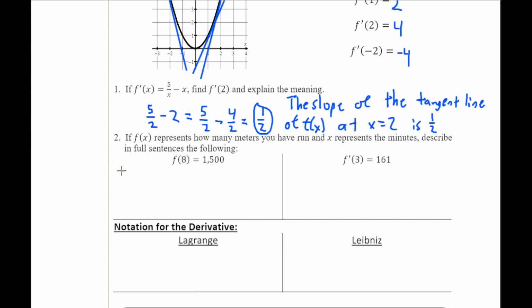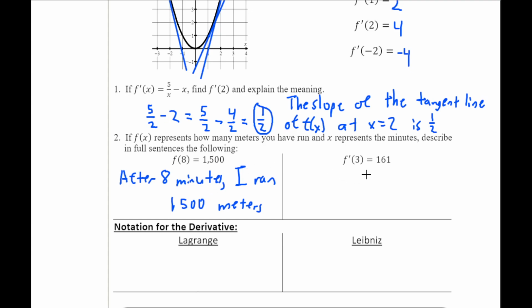So after you run 8 minutes, I ran 1,500 meters. Again, straightforward. f of x is how many meters you ran. I ran 1,500 meters. And x represents the minutes. I ran 8 minutes. So after 8 minutes, I ran 1,500 meters.